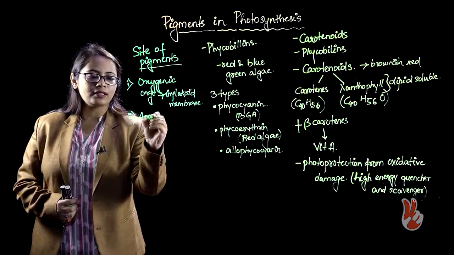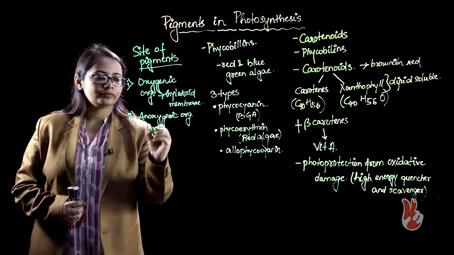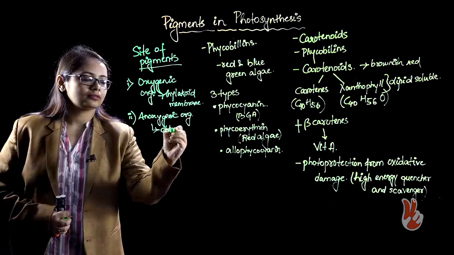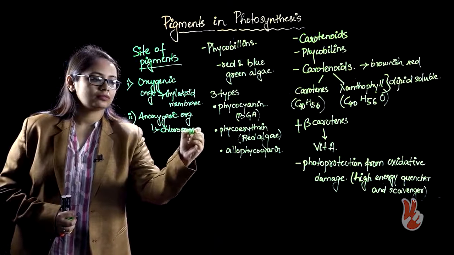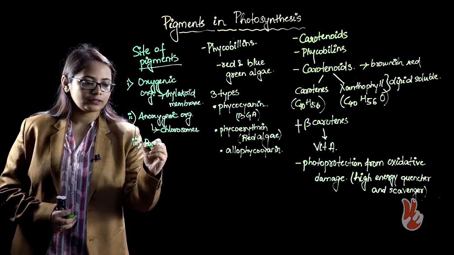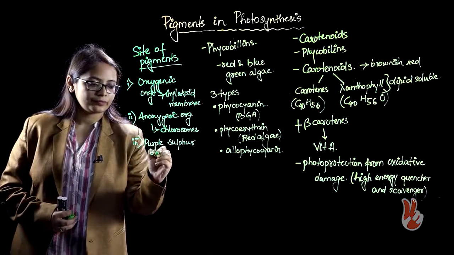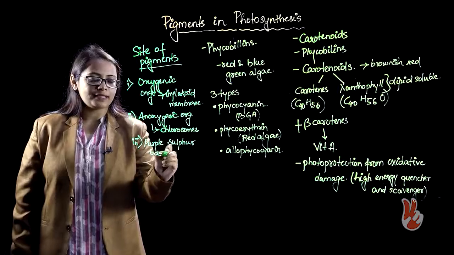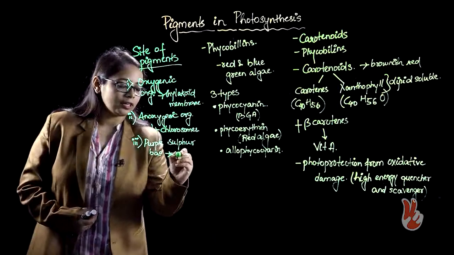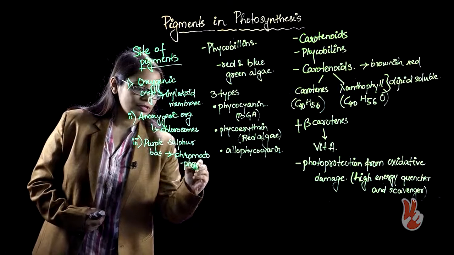In case of anoxygenic photosynthetic organisms, these pigments are found in certain vesicle-like structures which we call chlorosomes, and in case of some purple sulfur bacteria, these pigments are found in the invaginations of the plasma membrane that we call chromatophores.